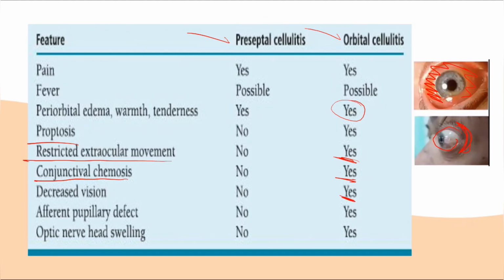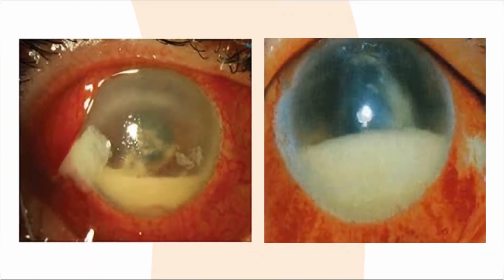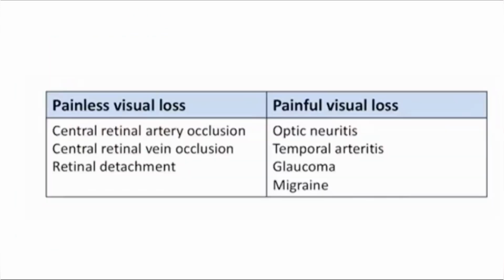The vision will be decreased because of increased pressure on the optic nerve. There is afferent pupillary defect. Optic nerve head swelling can also be detected by ophthalmoscope. Sometimes there is collection of pus in these cases, so urgent surgery and intervention is needed.